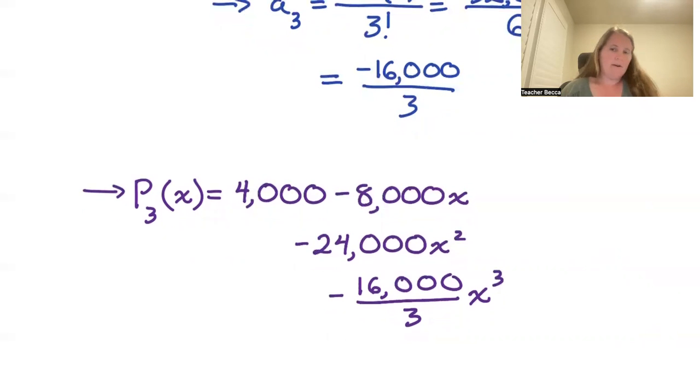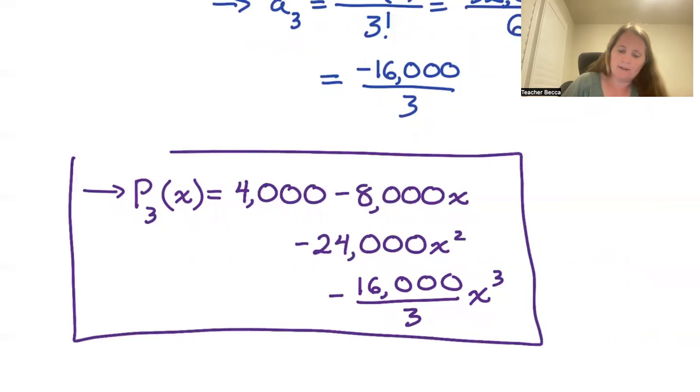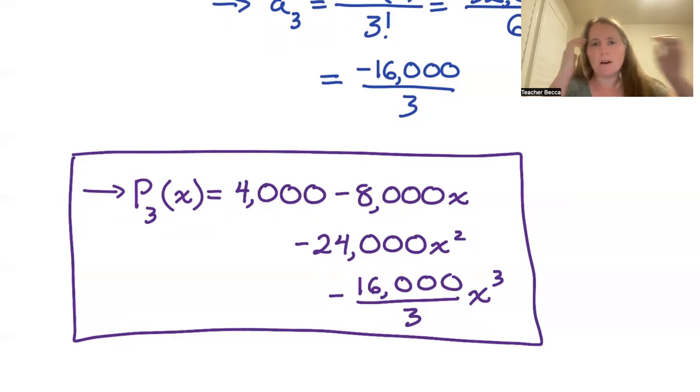But this would be our third degree Maclaurin polynomial modeling this situation. So you can get an idea of what it looks like, at least close to x equals 0. We would probably want to go out much further in this particular case for our approximation to be an accurate model.